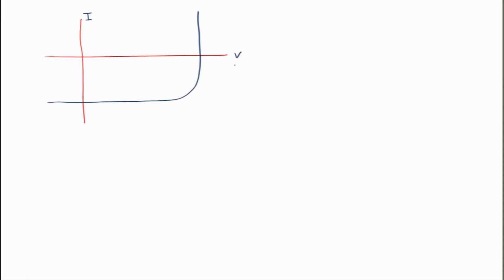So when you plot this, the I goes like this. So this is I, this is V. So this is at this 0 potential, this is V is equal to 0. So you are going from 0 to a parameter called VOC.